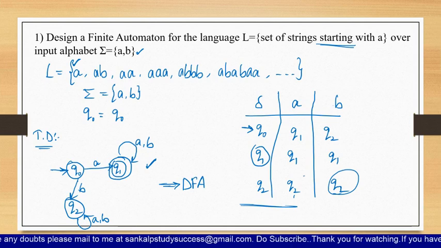So we have 5 steps to solve the problem. The first is to write the given data, then write the transition diagram, followed by the transition table, and also check whether a valid string is accepted and an invalid string is rejected. In this way you are going to solve the problems.